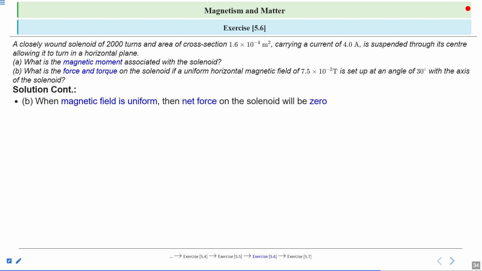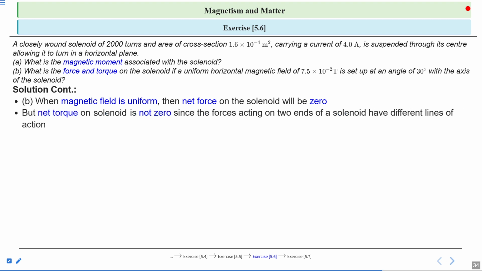So if the magnetic field is uniform, the net force on the solenoid will be zero, but the net torque on the bar magnet is not zero, like we have seen. So the net torque on the solenoid will also be non-zero. Solenoid and bar magnet are equivalent.